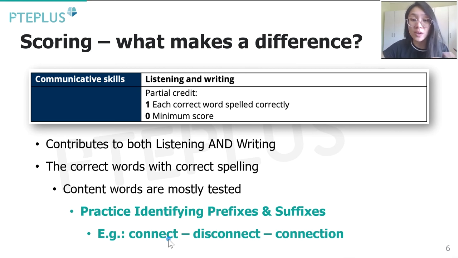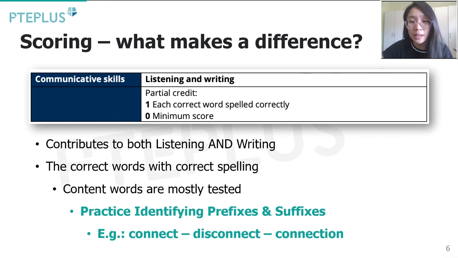Over here, I gave a very simple example where you've got connect, or they might have said disconnect or connection, right? Paying attention to the start and the ending is also very important, or connect, connected, connects with an s at the end as well. So these prefixes, suffixes, and also your plural endings are going to make a difference. If you just miss out on that little bit, you're going to miss out on this mark altogether.